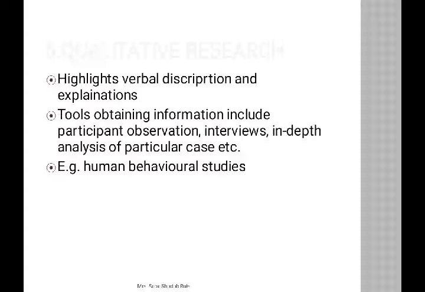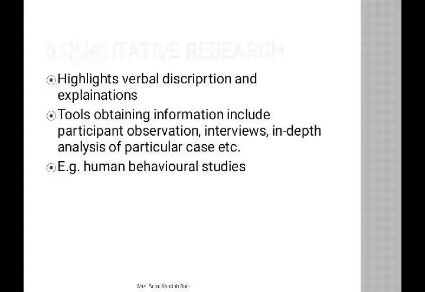For example, you are utilizing some drug and observing the behavioral change, so such a result will be qualitative research. The tools for obtaining information include observation, interviews, and in-depth analysis of particular cases. Such types of research are called qualitative research.